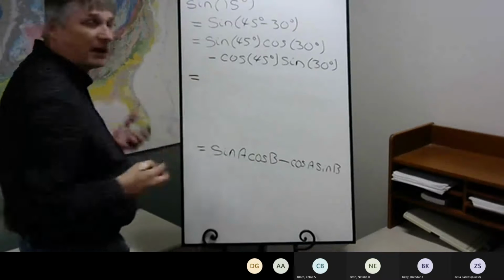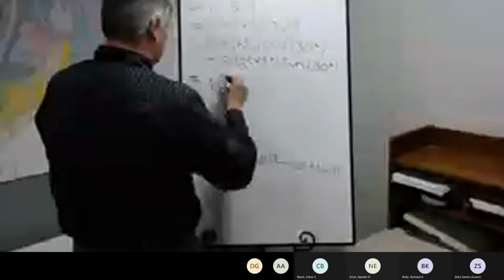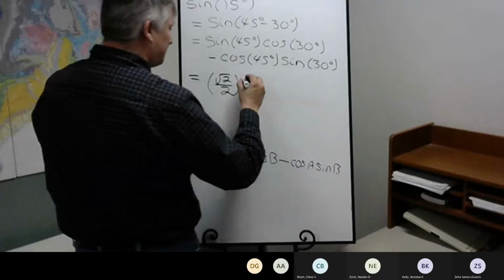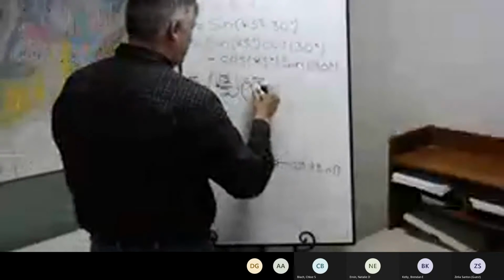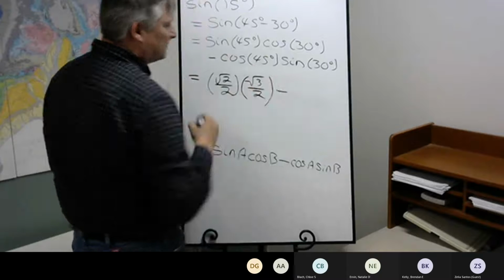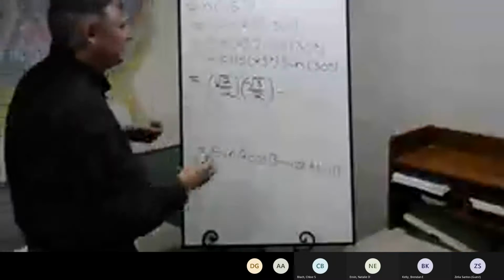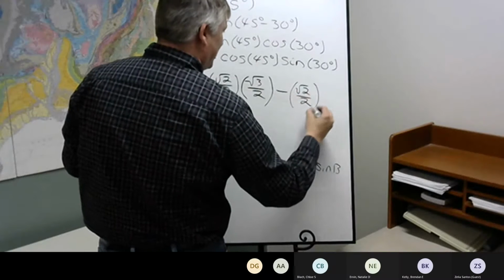Now we saw that the sine of 45 is rad 2 over 2. And the cosine of 30 in this case is going to be rad 3 over 2. Well, it's always rad 3 over 2, but it's a little bit of information we needed from before. We didn't have that before.